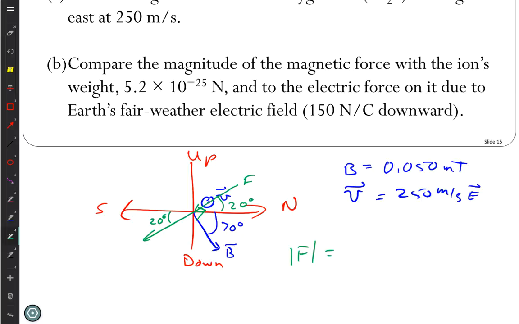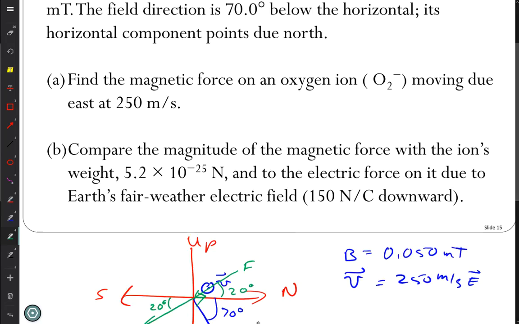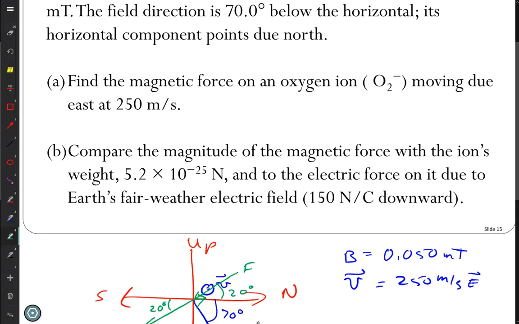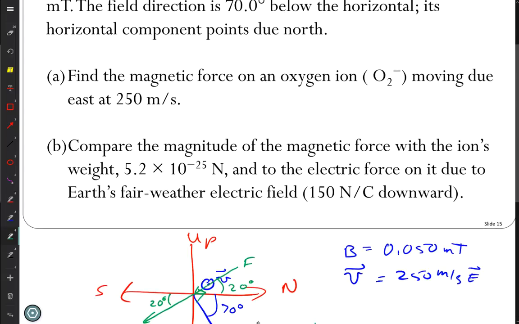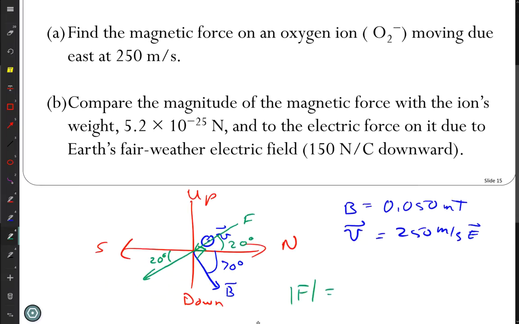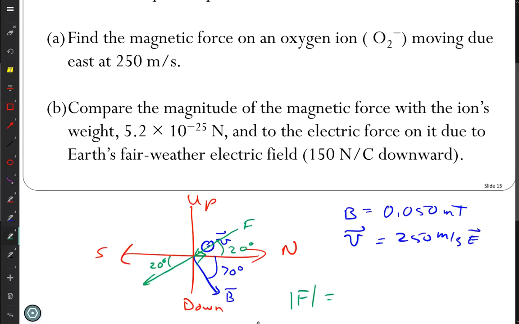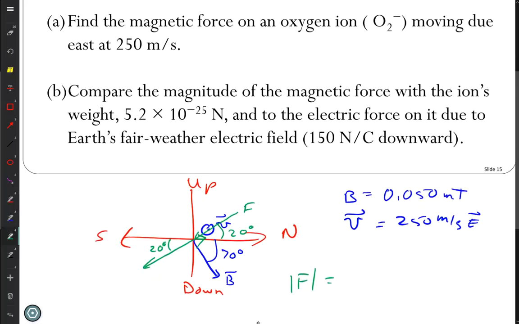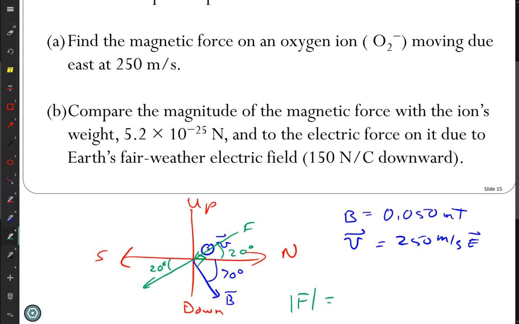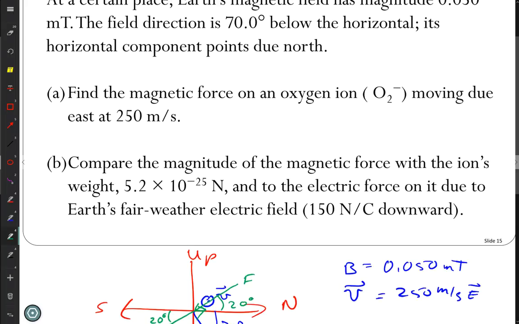What's the charge? The electric field would be 150 newtons per coulomb. Well, we're not looking at B yet. We're still looking at A. We have an oxygen ion. So what's its charge?